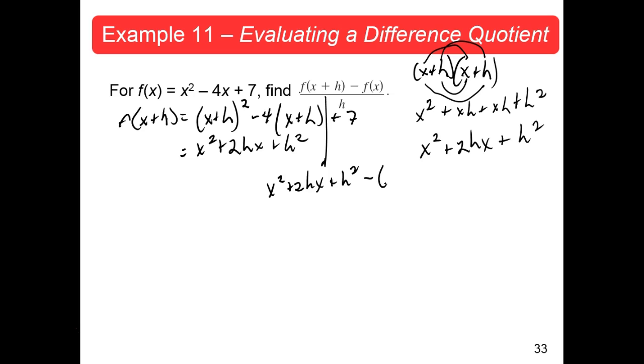So what's that? X squared minus 4X plus 7. All divided by H.